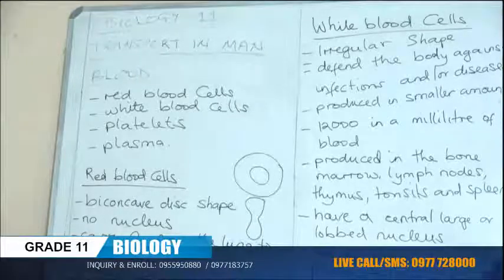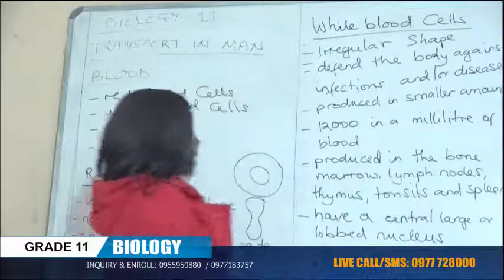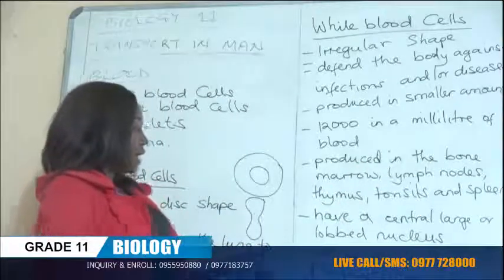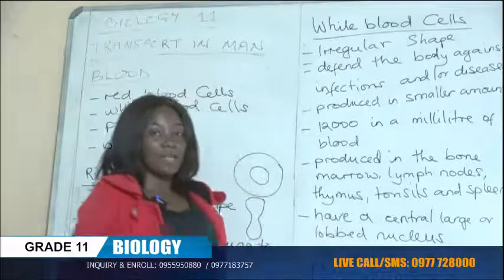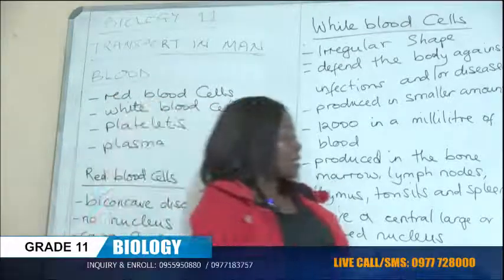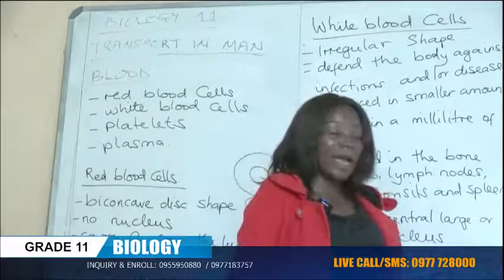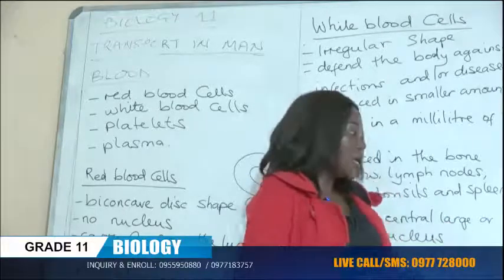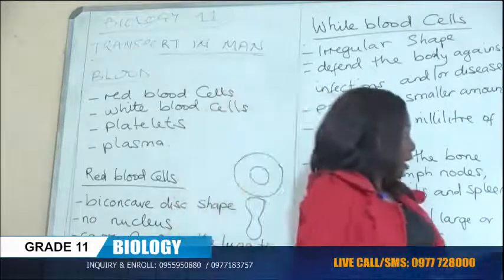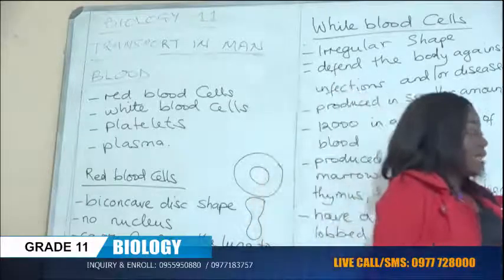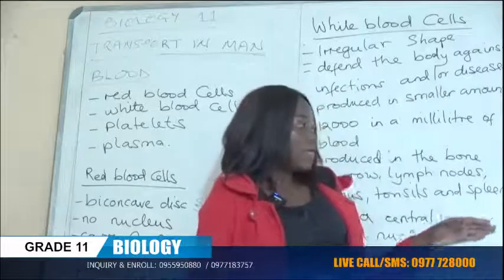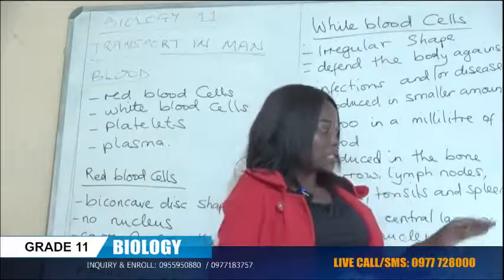from germs. Okay, so we said white blood cells are of many types, and the two main types are phagocytes and lymphocytes. Phagocytes identify bacteria and engulf it. To engulf is simply to enclose. They enclose bacteria and destroy it, whereas lymphocytes produce antibodies and antitoxins.